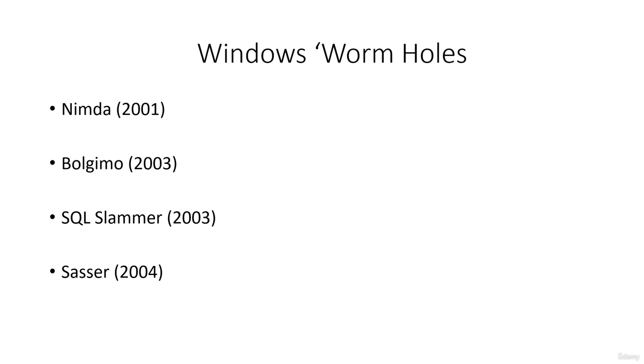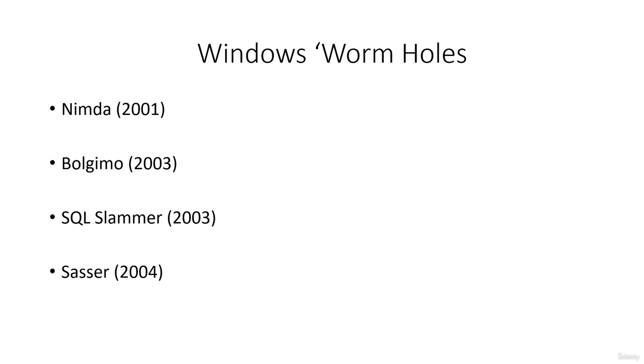Next were the Windows worms from the past, which first appeared as Nimda in 2001. Then the next one was Blaster in 2003, and the third one is SQL Slammer, also in 2003.